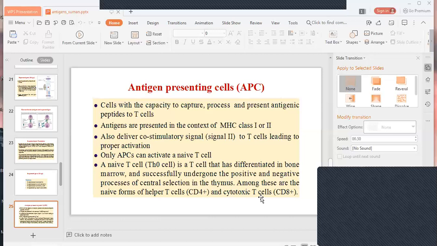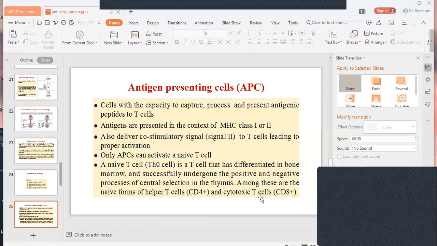This presentation is in the context of MHC class 1 or class 2, and they also deliver co-stimulatory signals to the T cells, leading to proper activation.